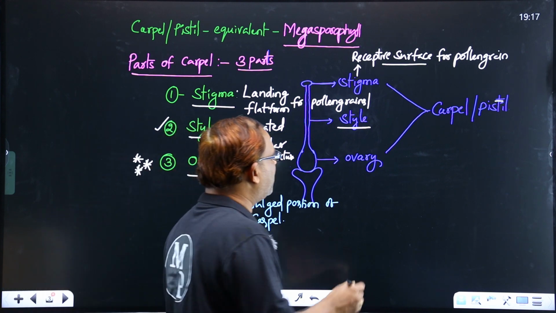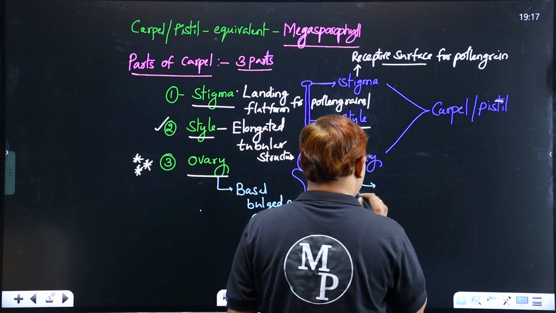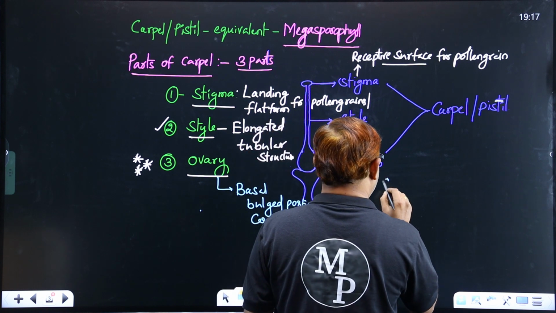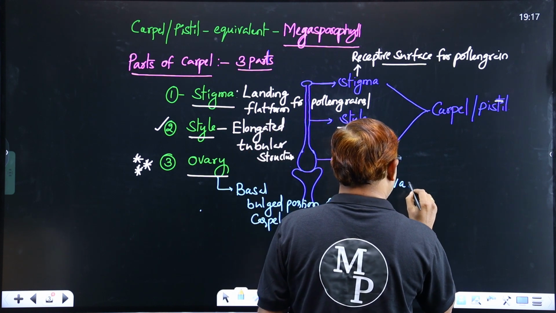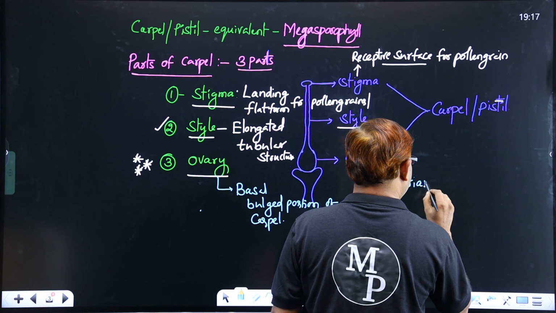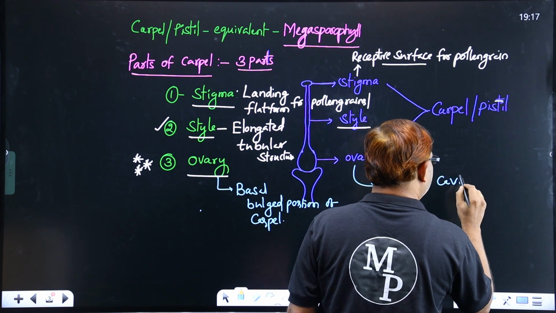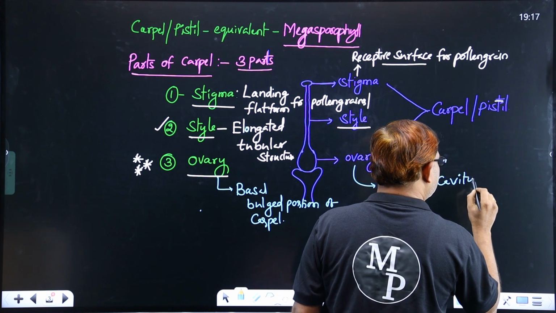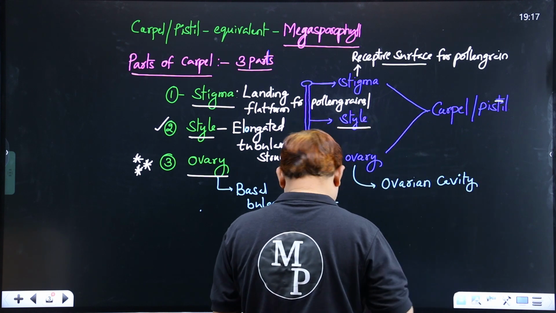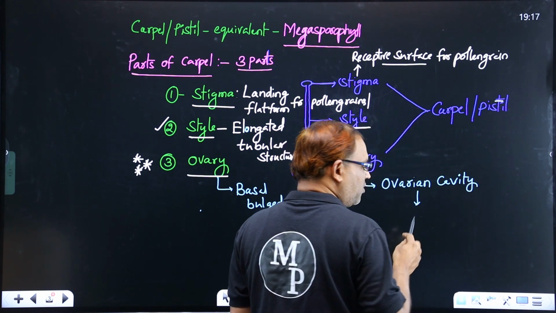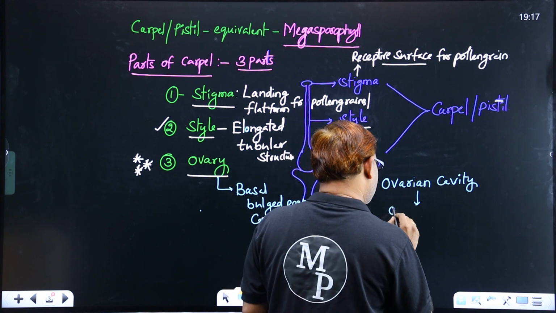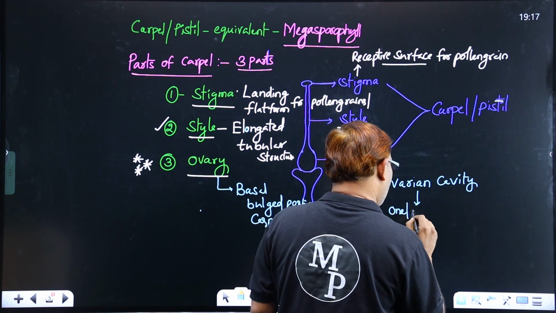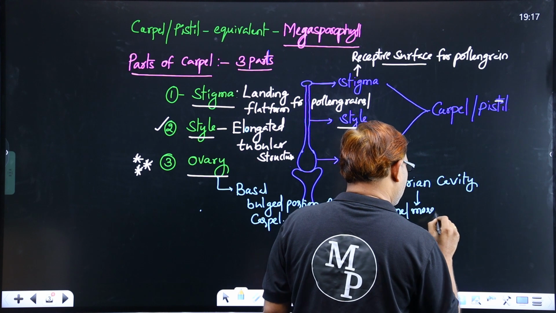Now inside the ovary, there is an ovarian cavity present. Okay. This ovarian cavity has one or more chambers present inside.